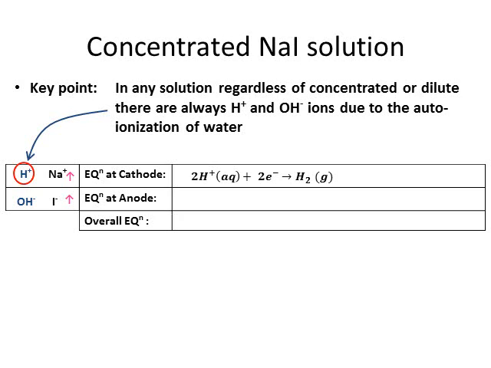Anything above zinc, things like aluminium, magnesium, etc., will never be discharged no matter how concentrated the solution is. However, for O levels, they do not tend to test on cations so much. So this part is not so important.